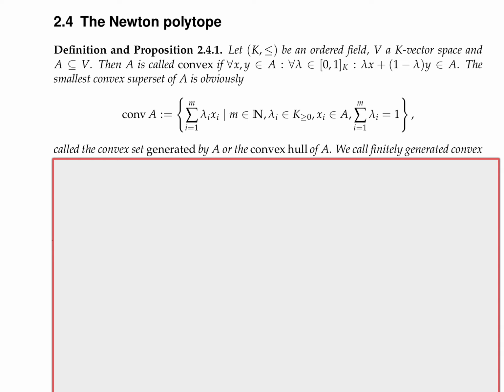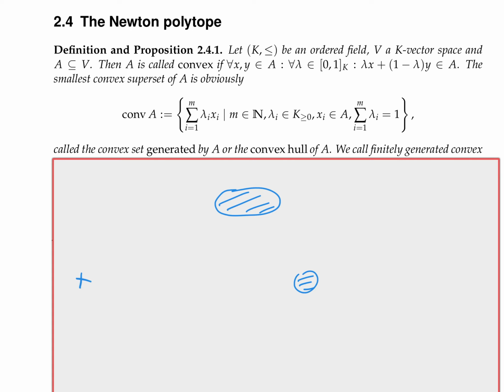Well, okay, you have your set A, right? Let's say A is such a set, this is part of A, and this is part of A, and then this point is part of A, right? Okay, so now the smallest convex superset.